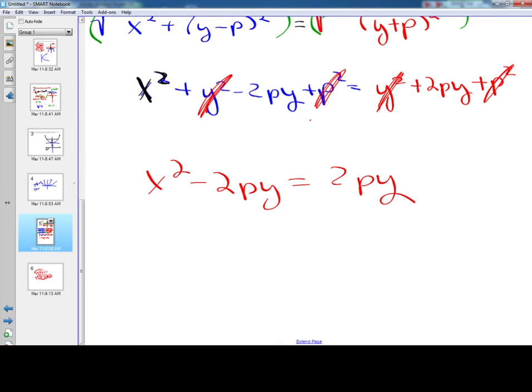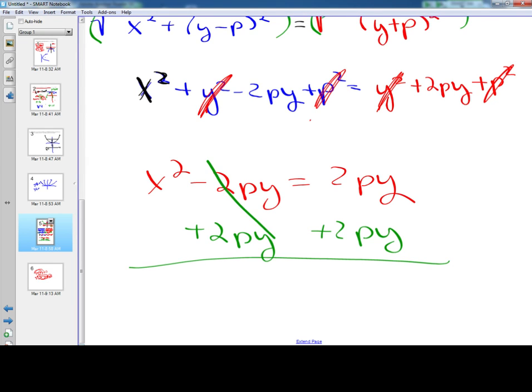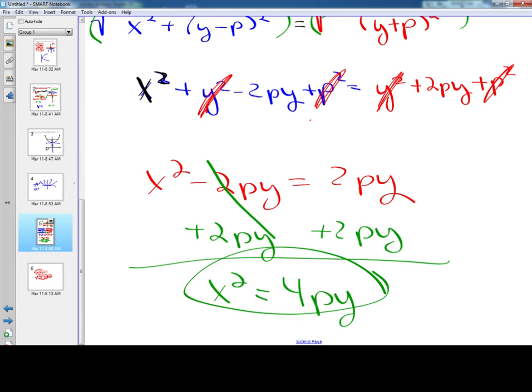Let's move that 2py that way. So I'm going to add 2py here and add 2py here. X squared equals 2py and 2py. How many py's do I have? If I have 2py's and I add 2py's, I've got 4py. Ah, yeah! There it is!